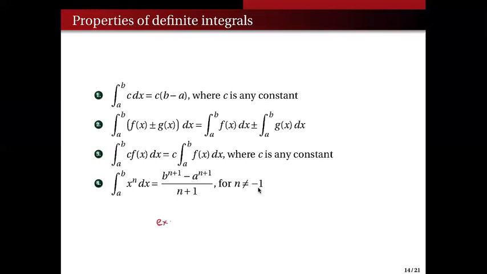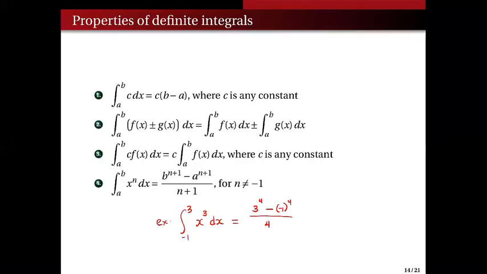So, for example, you have the integral from negative 1 up to 3 of x cubed dx. According to this formula, you will have 3 to the 4 minus negative 1 to the 4, divided by 4. And then you just simplify this. Okay?